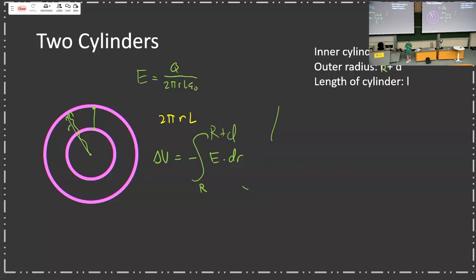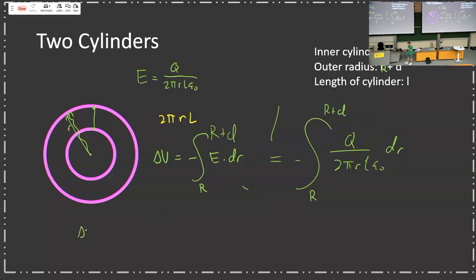Anyway, we're doing this integral, right? And so the integral equals minus, but we don't care about that minus. It's going to go away anyway. The integral of Q over 2 pi R L epsilon naught dr between big R and R plus D. So we'll take all the stuff at the front that is constant.